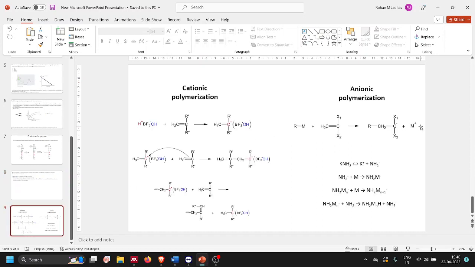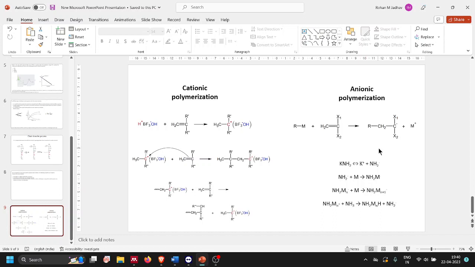So, nucleophilic species, which include covalent or ionic metal species such as amides, hydroxides, or cyanides, are very helpful. As you can see right here, there's an amide group right here, and that is very helpful in initiating the anionic polymerization process.